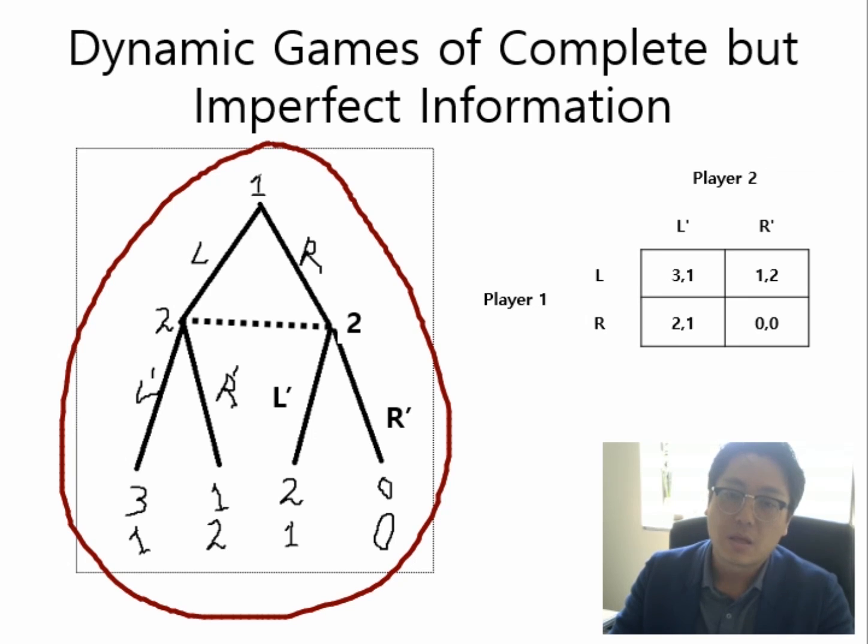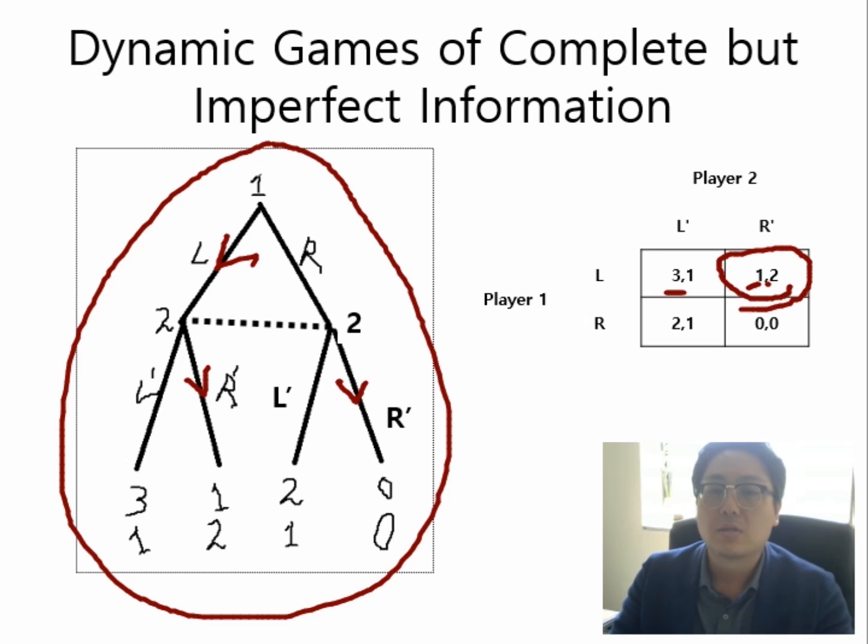So when we looked for Nash equilibrium here, the Nash equilibrium was, I think, this. L and R prime is the only Nash equilibrium and credible Nash equilibrium. Can you follow the meaning here? Because the second player cannot know where she is standing, it cannot generate a situation where the second player by chance can choose somewhere.